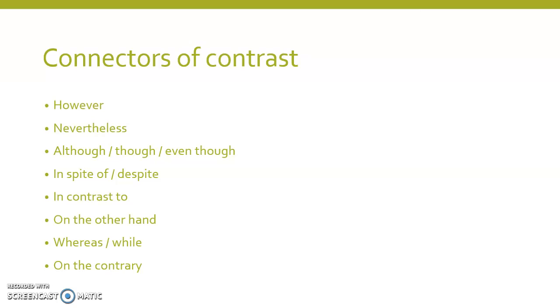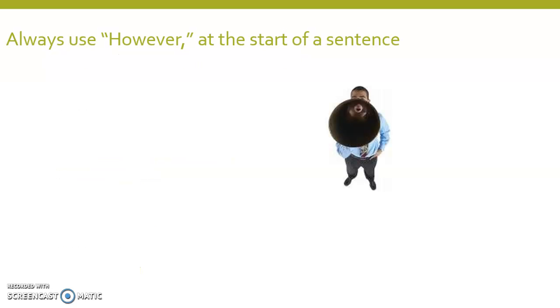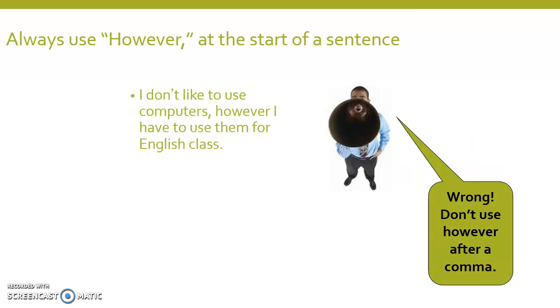So as you can see, here we are contrasting ideas that are different. Here we are not adding. Actually, we are contrasting here. One of the specifications that we need to make is that you are going to use however at the start of a sentence. You are never going to use it after a comma.